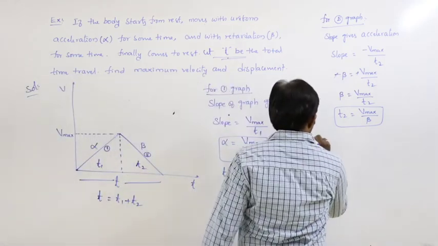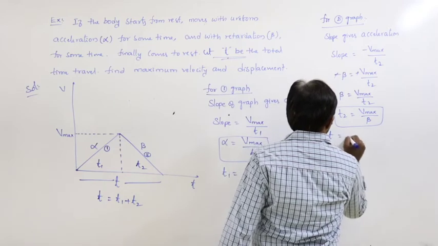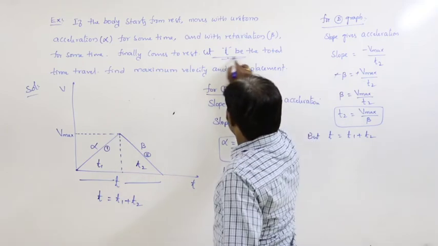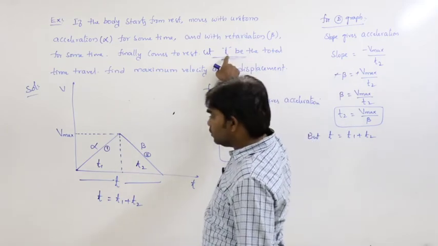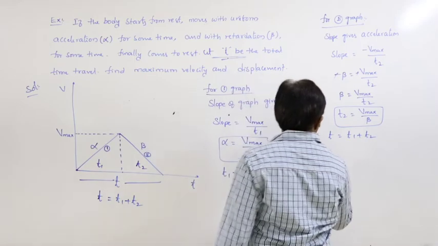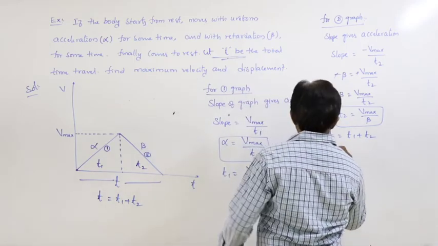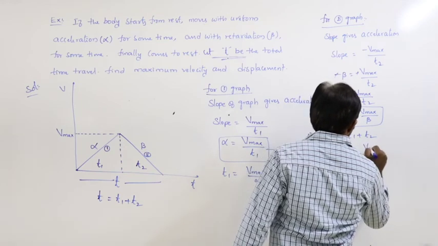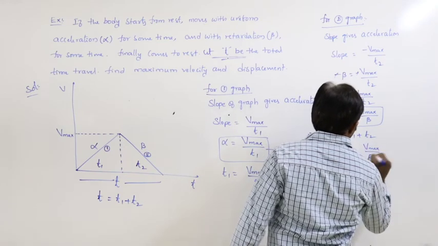But here we know t is equal to t1 plus t2. Let t be the total time taken. So t is equal to t1 plus t2, that is, t1 means v maximum by alpha, t2 means v maximum by beta.